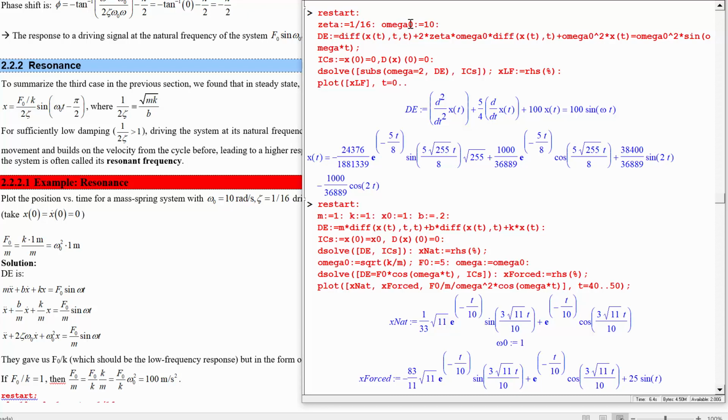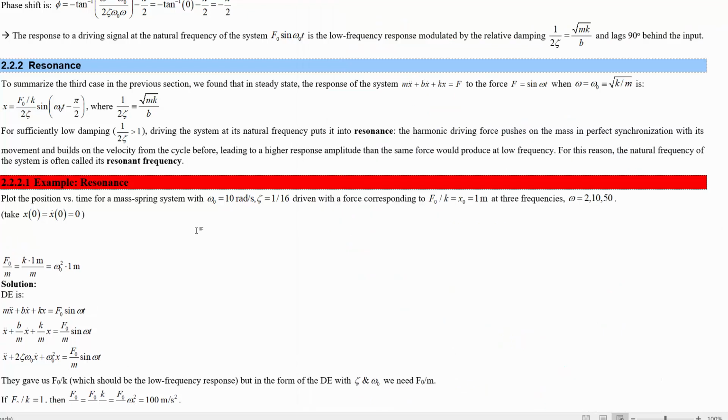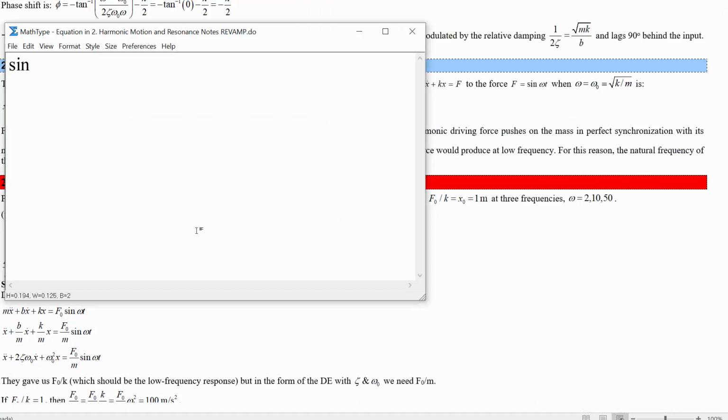so omega naught is, how can we relate the frequency to the period? So this is something that's, yeah.